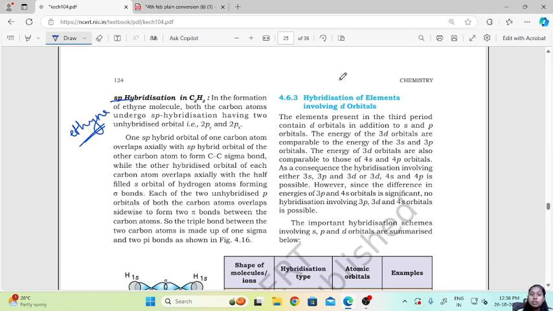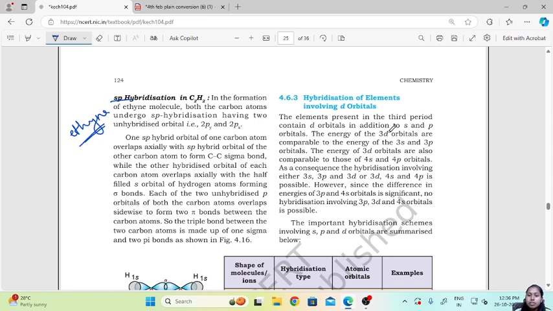Hybridization of elements involving d orbitals. Now we have seen sp hybridization and some of the examples. Now let's involve a d orbital into them. The elements present in the third period contain d orbitals in addition to s and p orbitals. Along with s and p orbitals there is an addition of d orbital.